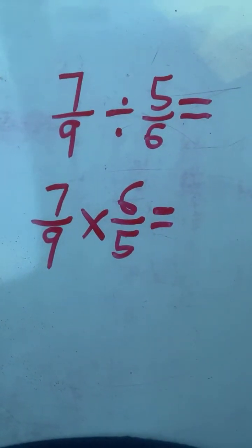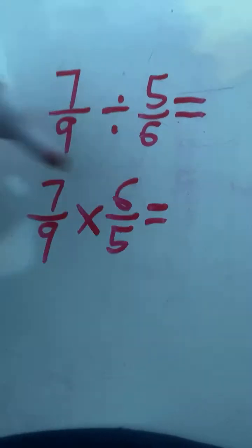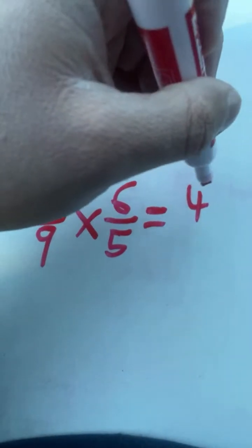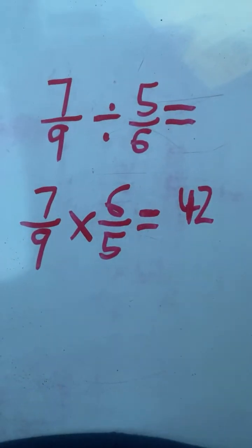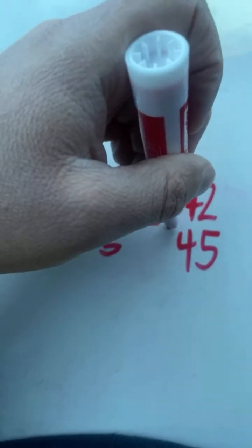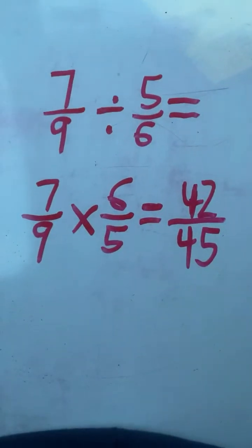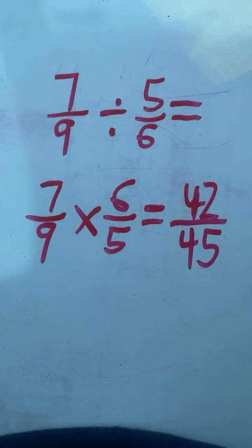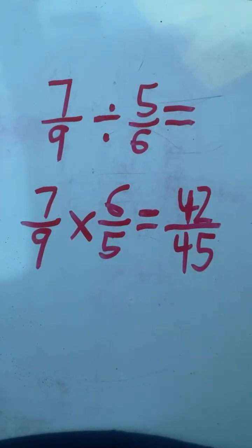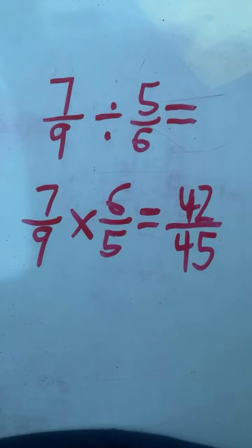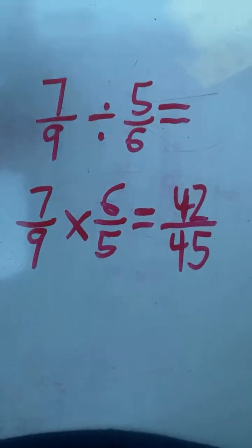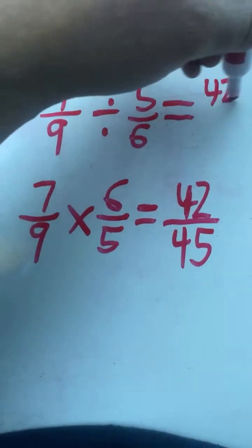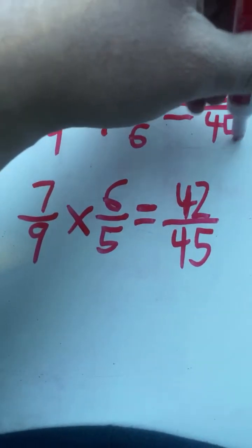Now we're multiplying our numerators and our denominators. 7 times 6 equals 42. 9 times 5 equals 45. And we have our final answer. 7/9 divided by 5/6 equals 42 45ths.